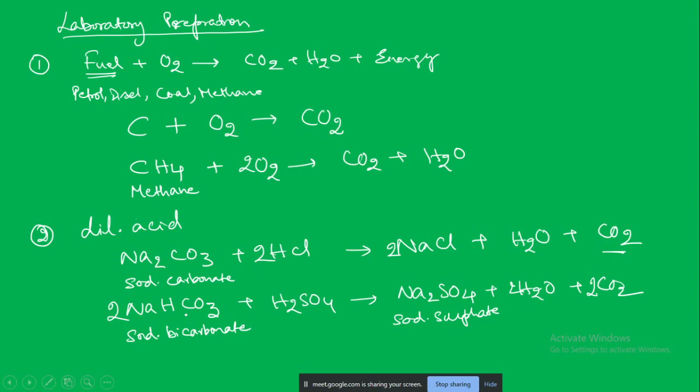But a very commonly available carbonate is calcium carbonate, nothing but marble. Most people use marble flooring, and it is commonly available. So if you take marble chips, small pieces of marble, and react them with dilute acid, the salt that forms is calcium chloride, with water and carbon dioxide.